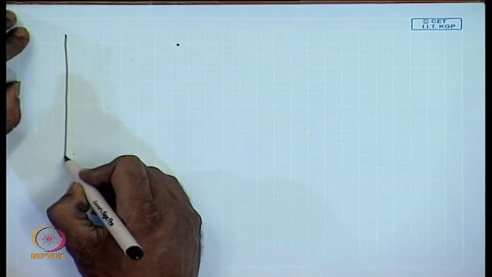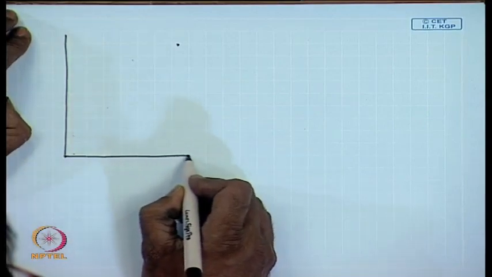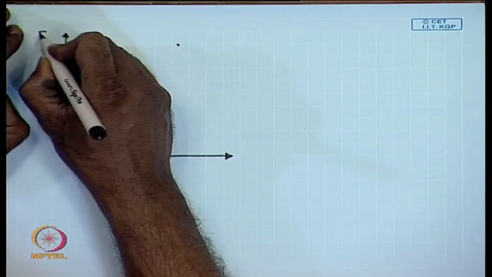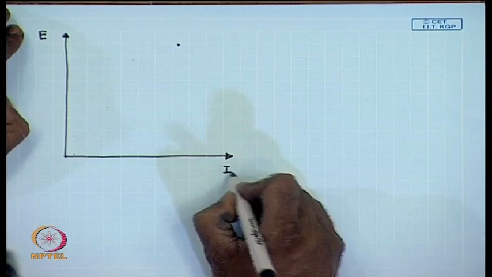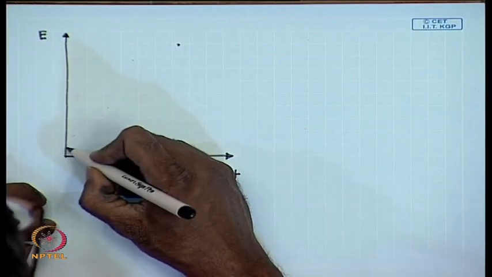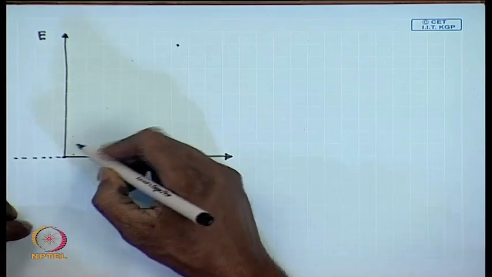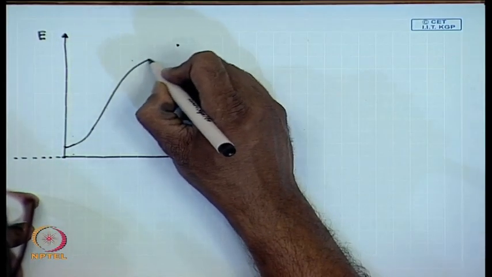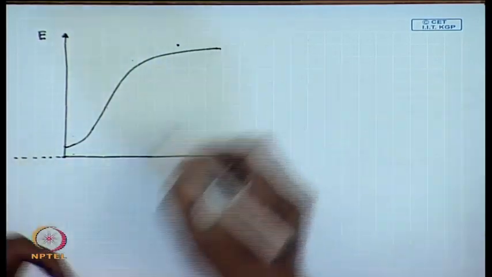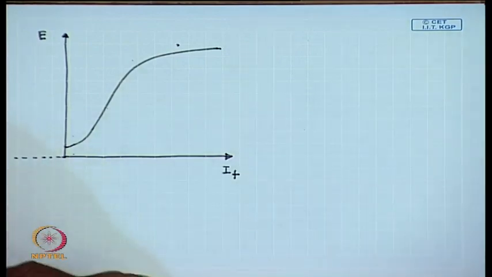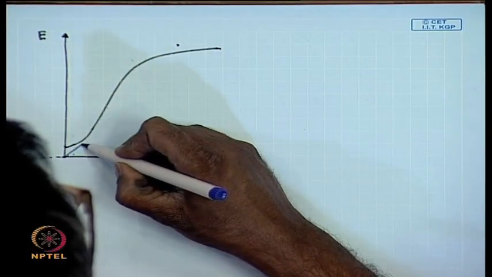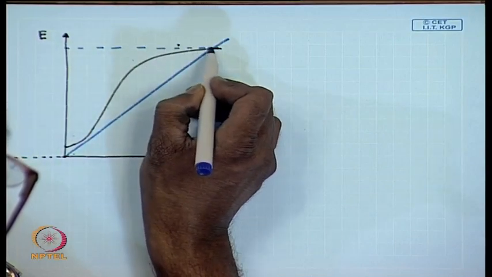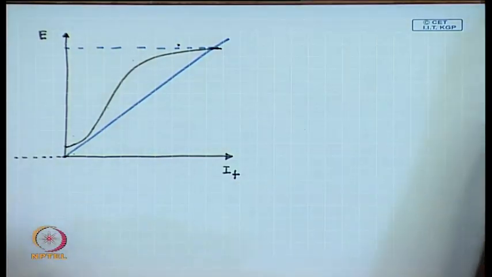Again we start by drawing the OCC of the generator, as well as the field load line corresponding to the field resistance, to find out the no load terminal voltage.